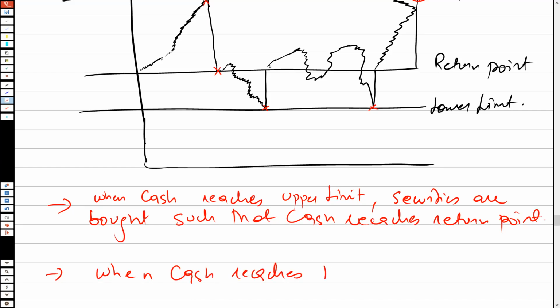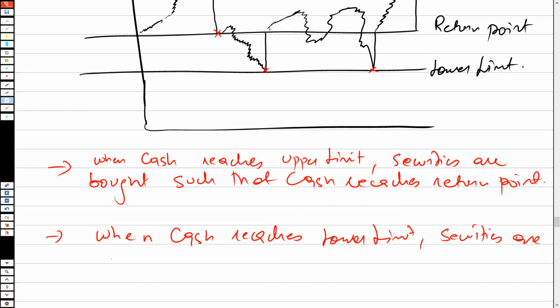When cash reaches the lower limit, securities are sold such that cash reaches the return point.